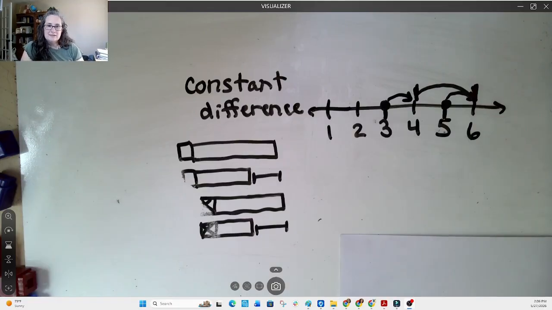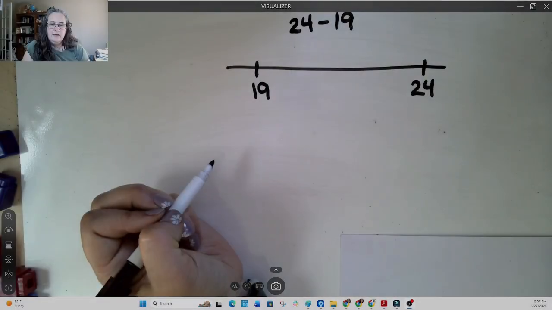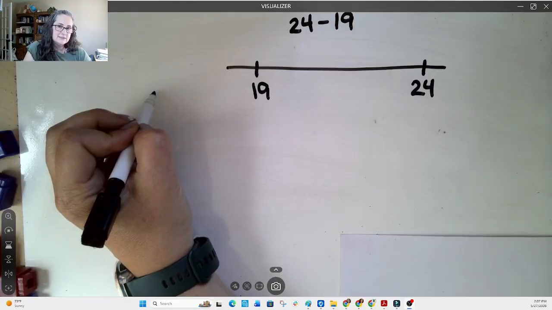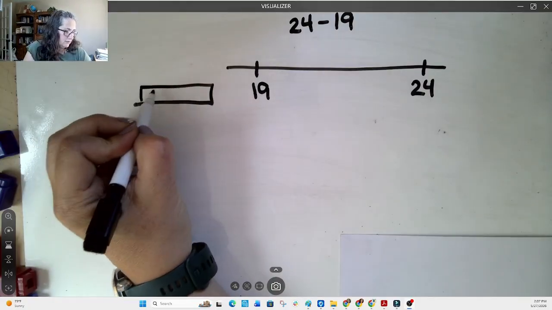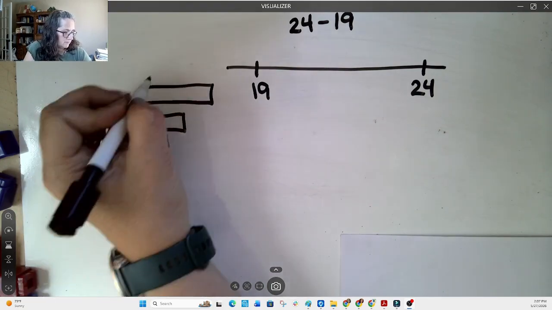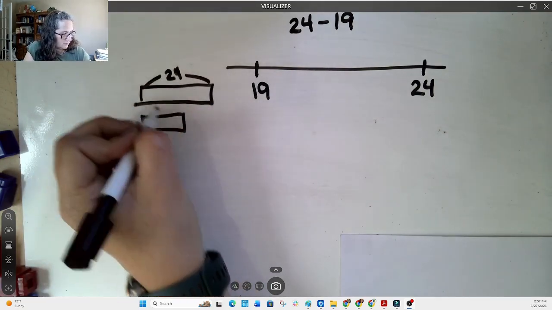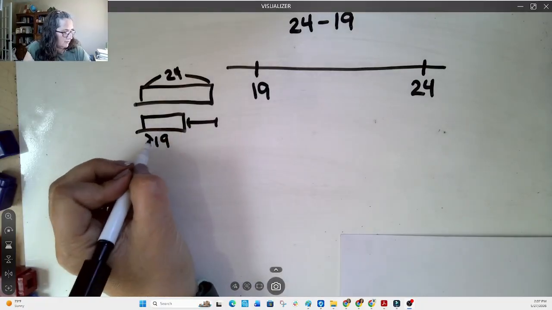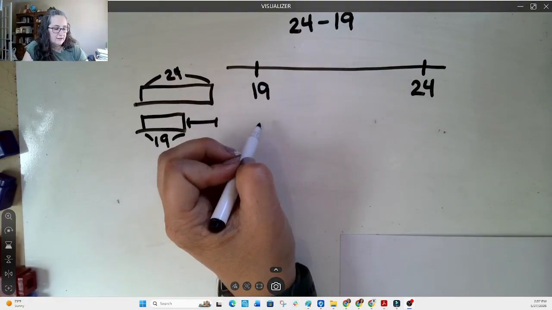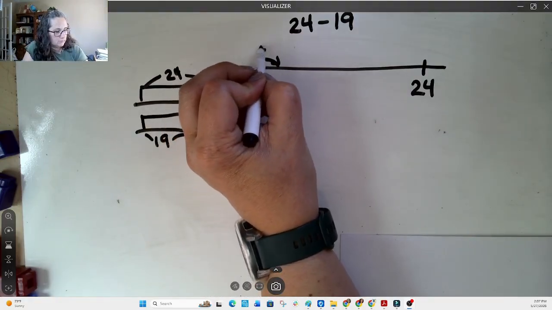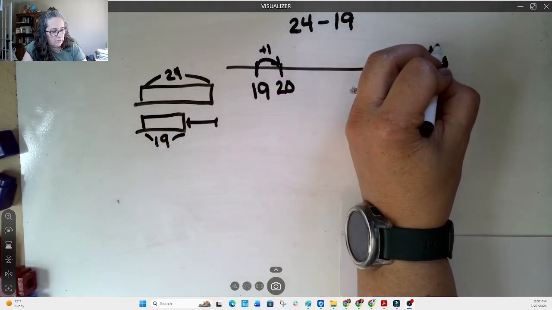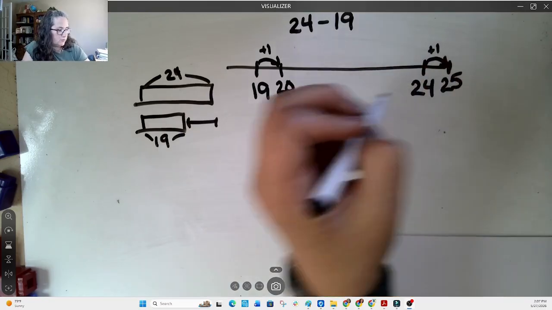So let's apply this to some subtraction problems. Let's think about 24 minus 19. If I'm trying to subtract or find the difference between 24 and 19, I can make a friendly number by adding 1 to the 19 to make it 20, which means I also need to add 1 to the 24 and make it 25.